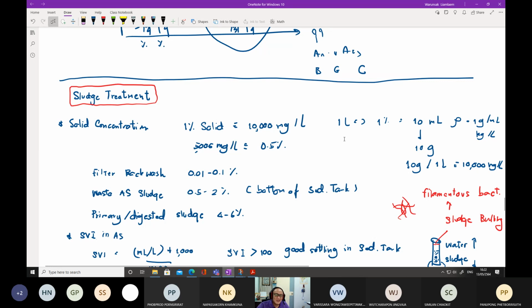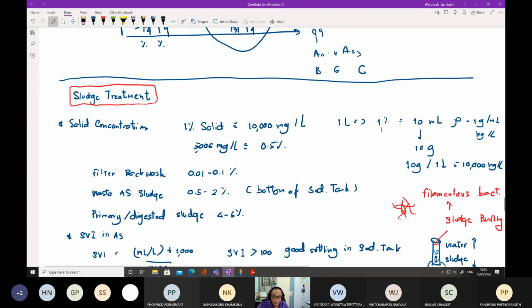Why? Just consider the water. 1 liter of water, 1% of 1 liter is actually 10 ml. So 1 liter is 1,000 ml, right? So 1% is only 10 ml. According to the density of water, which is approximately 1 gram per ml, or 1 kilogram per 1 liter, this 10 ml is equivalent to 10 grams.